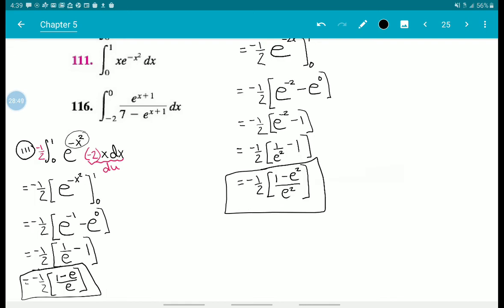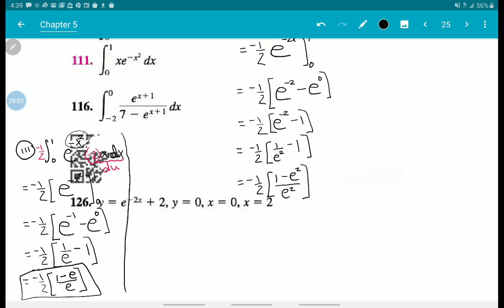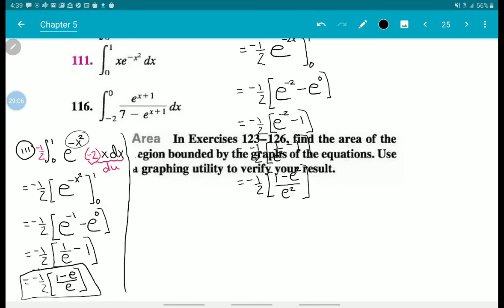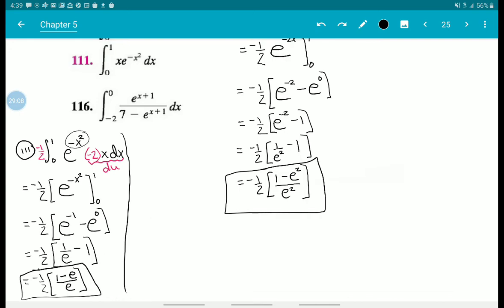Just for fun, let's go through and do the u substitution on this one. I don't know what's going on with my tablet.